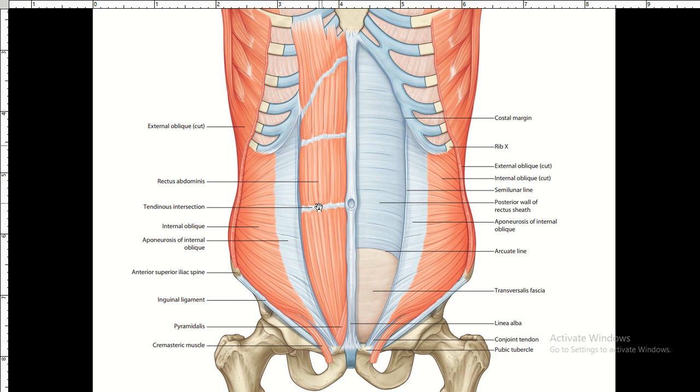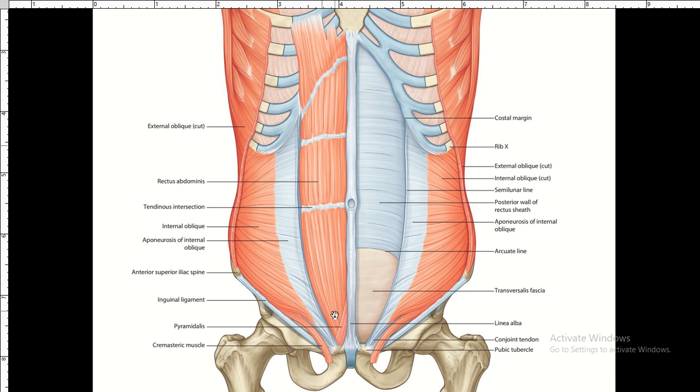Therefore, the rectus abdominis muscle and the pyramidalis muscle are innervated by the thoracic nerves T7 to T12. They are not innervated by L1. You understand? And more specifically, the pyramidalis muscle is innervated by T12. Only T12. You have to understand that.